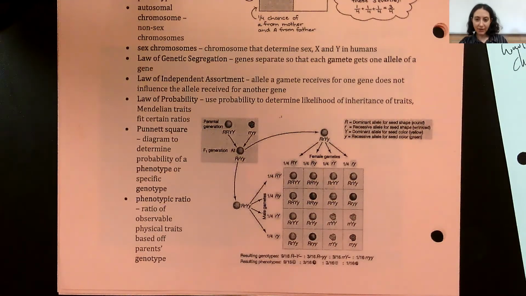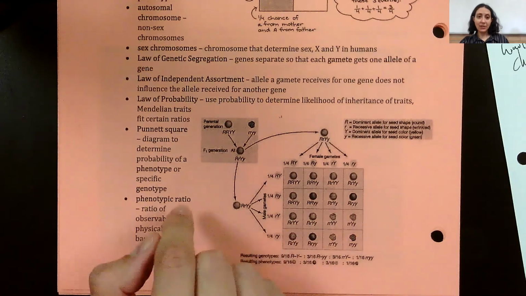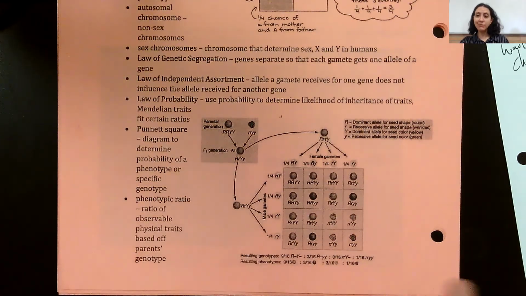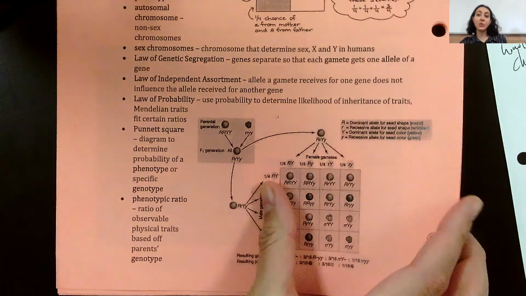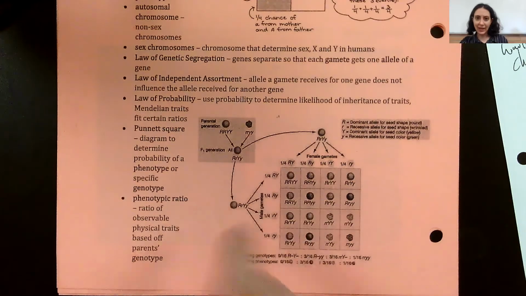And you can go through and figure out all the percentages, which I think are already done down there. The genotypes and the phenotypes give you an idea of the probability of finding different seeds. What we're going to end up doing later is this phenotypic ratio. I called it a frequency, but it's the same kind of idea. And there's also a genotypic ratio, and that comes from the Punnett squares.